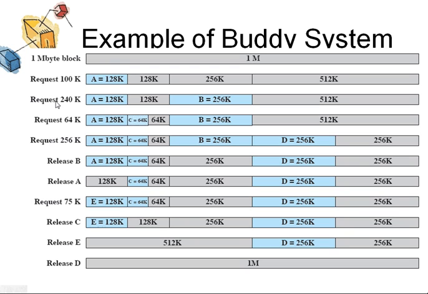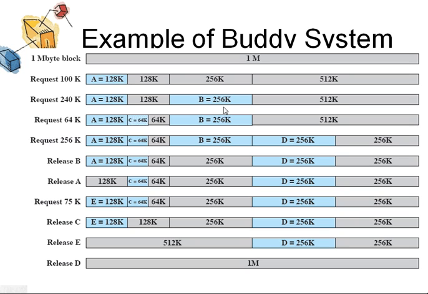Then there comes a request for 240k. Now we will search for an available partition. If we do not find one, then we further split the partition. So see here, the suitable block, which is greater than or equal to 240, is the 256K block.